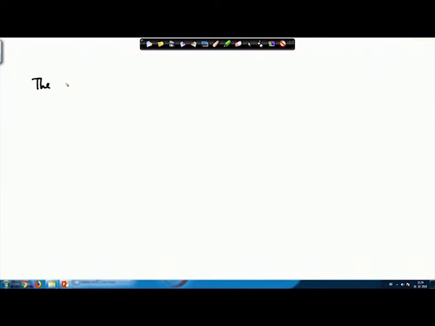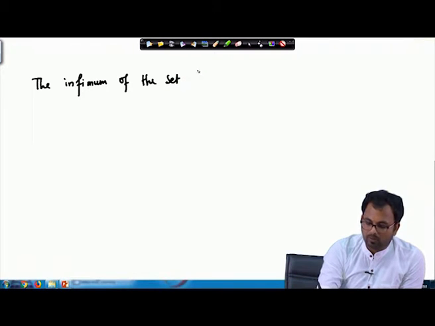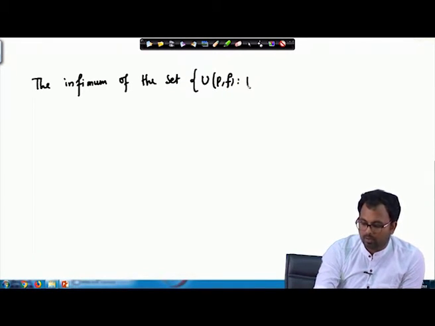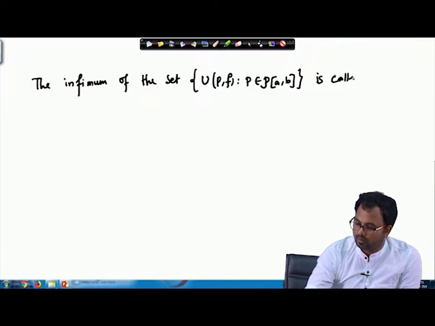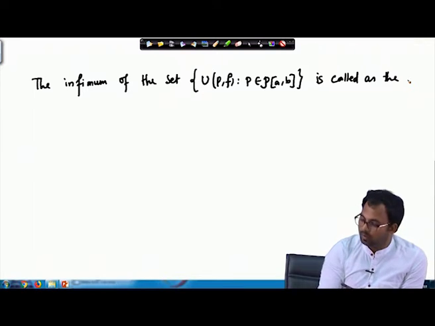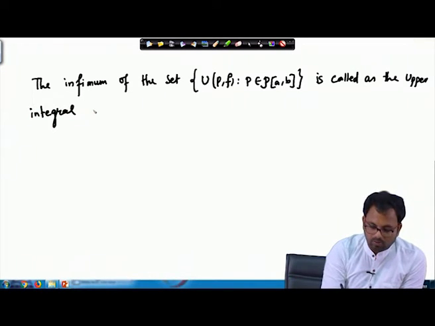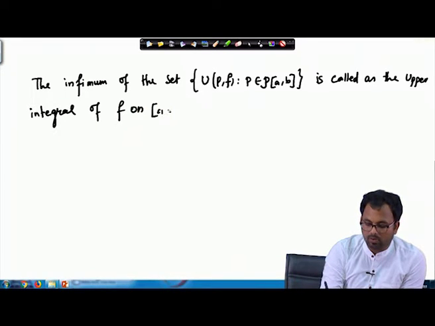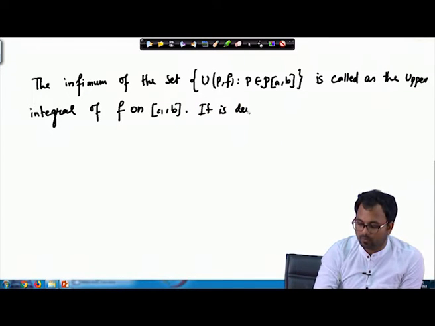The infimum of the set of all those UPF such that P is in curly P of a b is called the upper integral of f on the closed interval a comma b, and it is denoted by the integral from a to b.